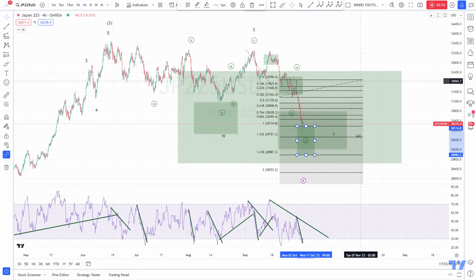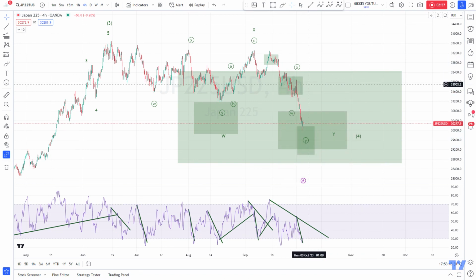As you can see, today we touched it, we went into the area and there is some kind of reaction, but of course there is still a possibility. We do not always keep the perfect equal leg area. There is a possibility to enter this area here.